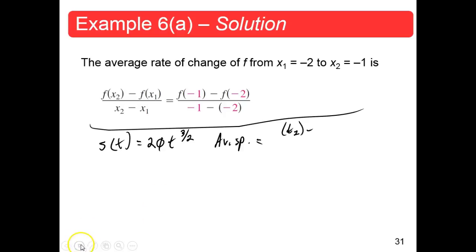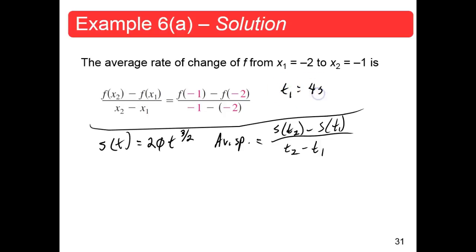The formula says F, but it could be any name. We're going to use S of T2 minus S of T1 over T2 minus T1.